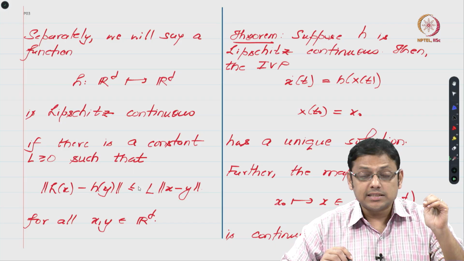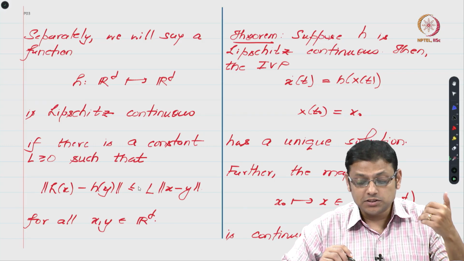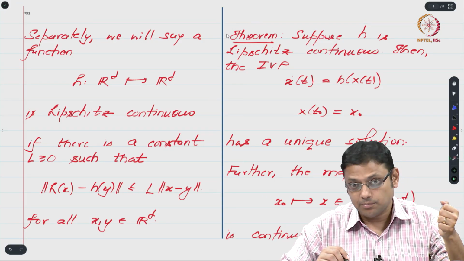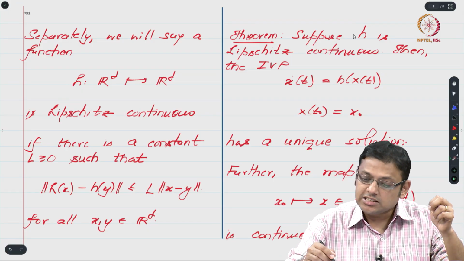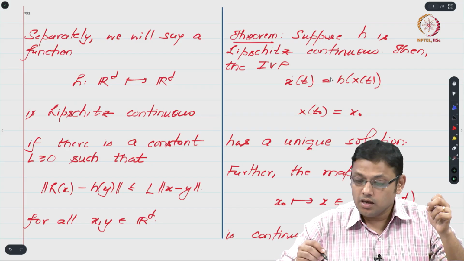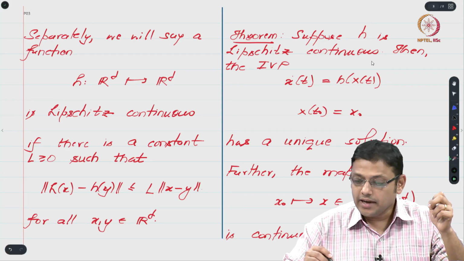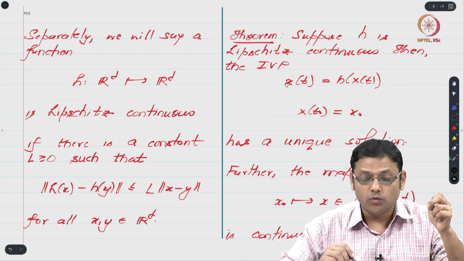So with these notations in place, let us now discuss a sufficient condition for existence and uniqueness of solutions to an IVP, and that is stated as part of this theorem. The theorem reads as follows: suppose the function h, which is the driving function in your IVP, is Lipschitz continuous, then the claim is that the initial value problem given over here has a solution.